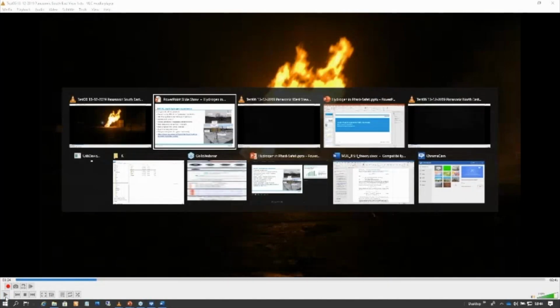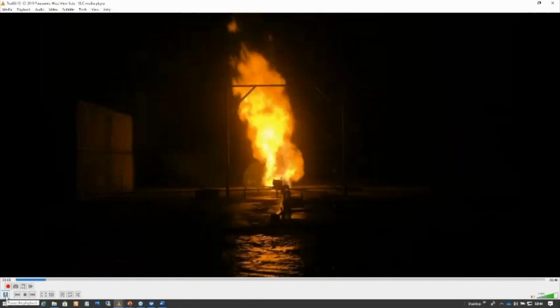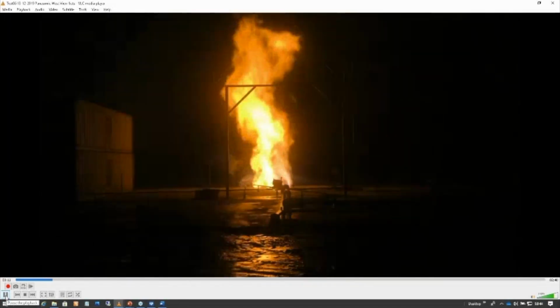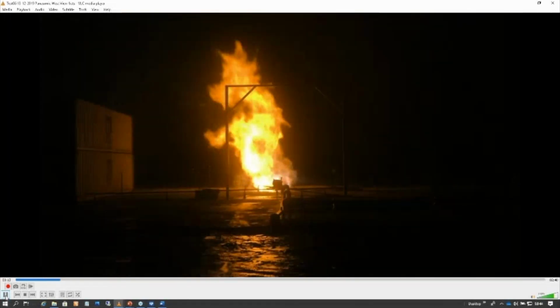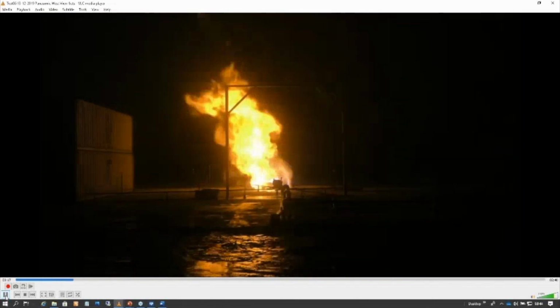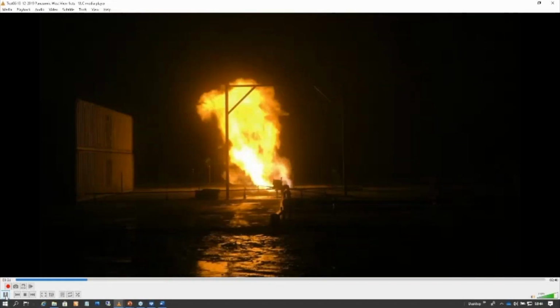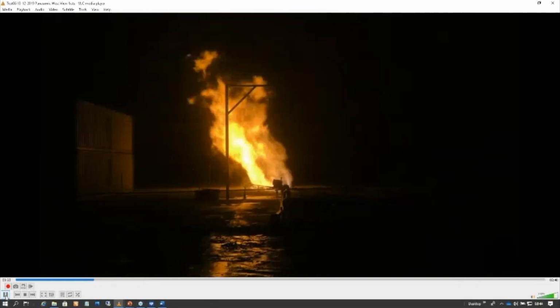Now, if I show it to you from a different angle, this is from behind the release. You see the cloud build up. There's the ignition, and then you can see reasonably clearly the jet, very high velocity jet, and then the buoyant part of the plume going up, and it looks as if there's a crosswind pushing the flame sideways.